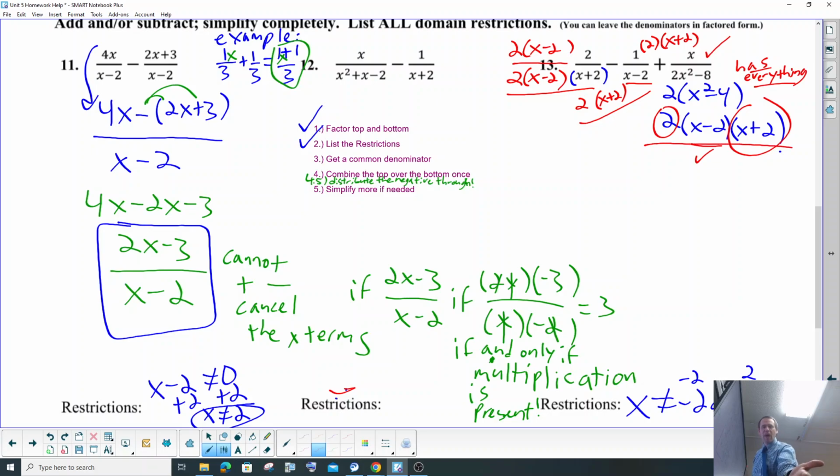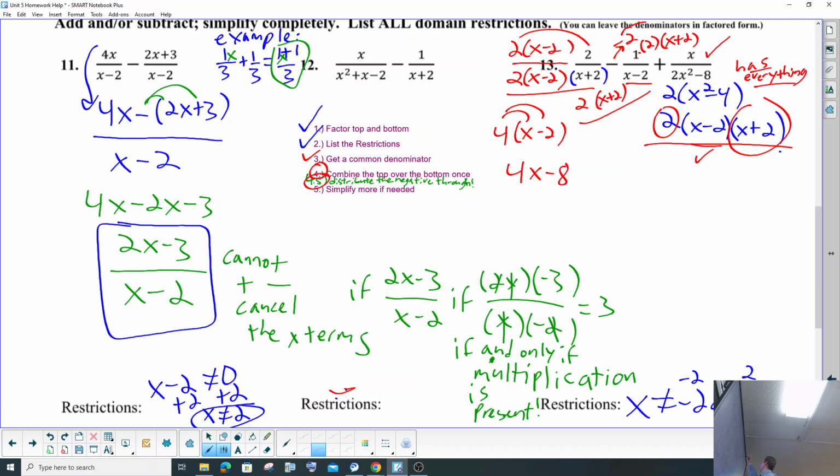So we're going to combine the top over the bottom once now. Distribute any negatives. Okay, so that's technically negative 1 times 2 is a negative 2, right? That we're going to go ahead and distribute. First this one. So 2 times 2 is 4, and so that's 4 times x minus 2. We distribute that through, we get 4x minus 8. Good.